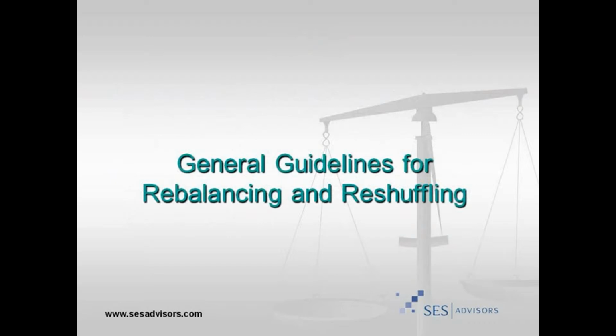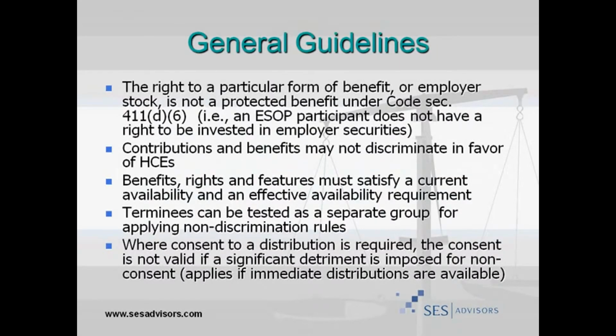Now what happened is rebalancing and reshuffling have been around for a while, and the IRS came out last year with some guidelines because for quite some time they kind of sidestepped the issue, and then once people started putting language in their plans, I think they decided to take a look at it.